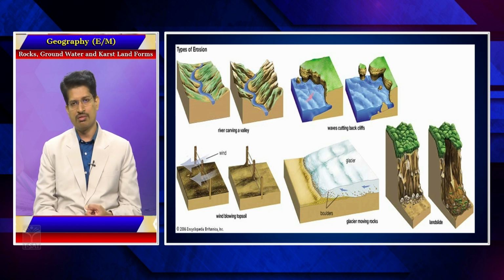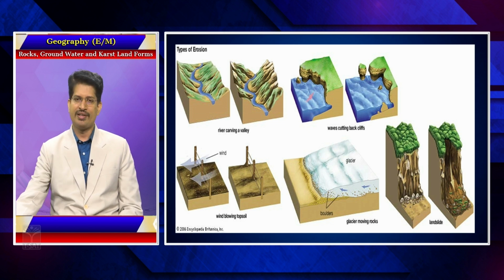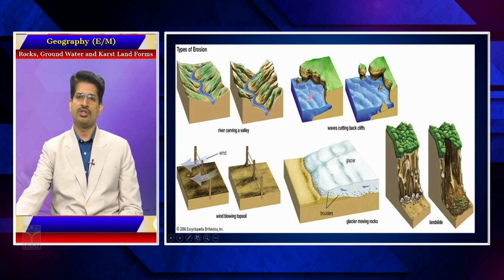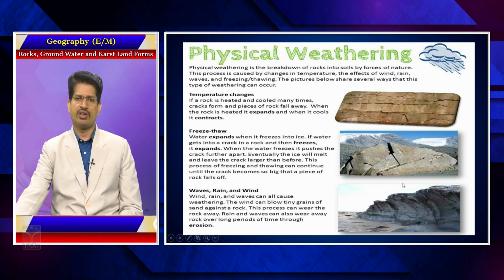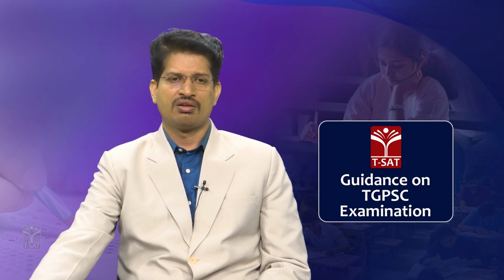So glaciers lead to erosion, moving water leads to erosion, the waves lead to erosion, the wind leads to erosion, and finally mass wasting, landslides because of gravitational force, lead to weathering and erosion. So all these lead to weathering and erosion, which is known as physical weathering.